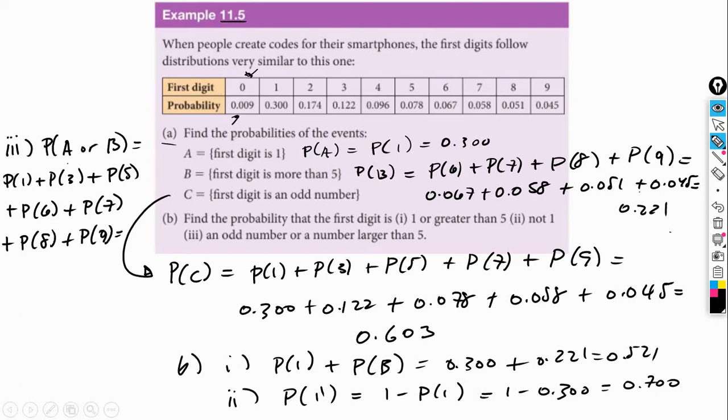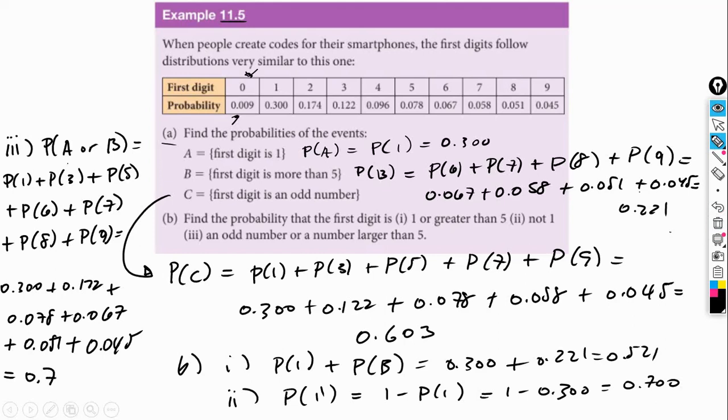So we have to add all these up, and all this is going to equal 0.721.